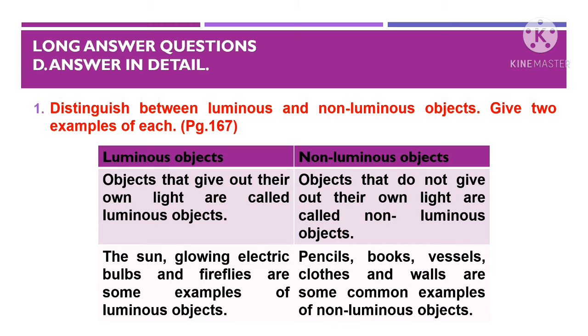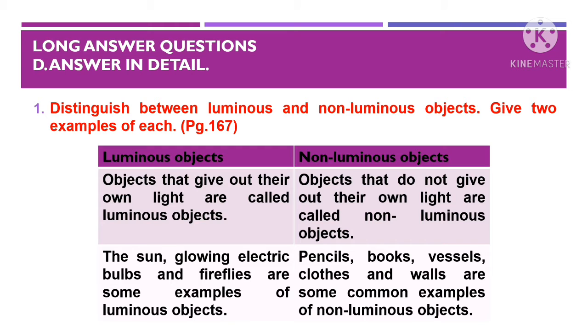Luminous and non-luminous objects. First para, first 2 points. Objects that give out their own light are called luminous objects. Objects that do not give out their own light are called non-luminous objects. Second para, last 2 points.